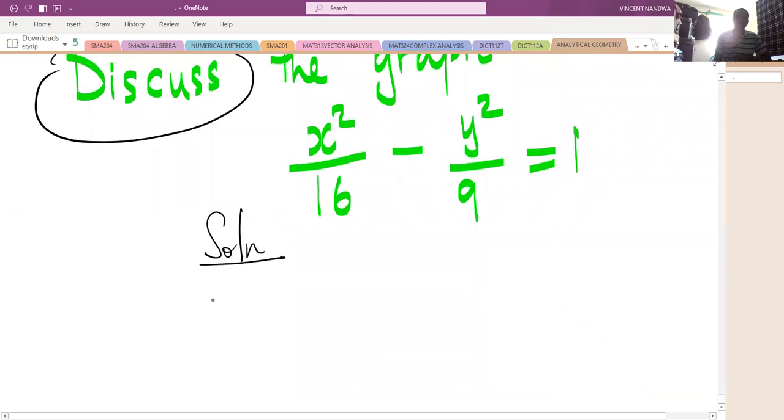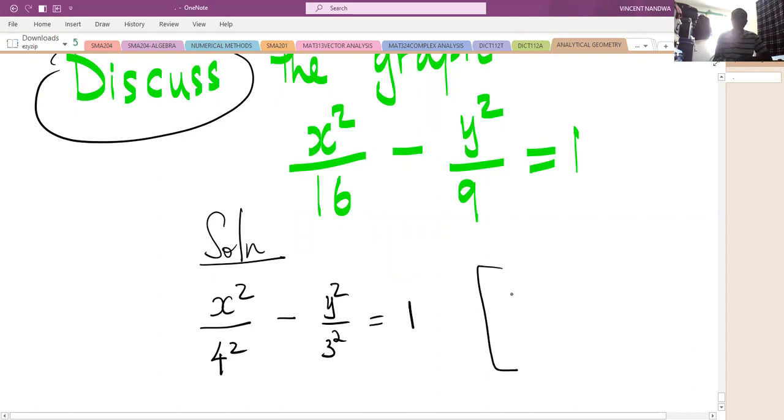We say this equation can be written as x squared over 4 squared minus y squared over 3 squared equals 1. And you see this one is taking the structure x squared over a squared minus y squared over b squared equals 1.